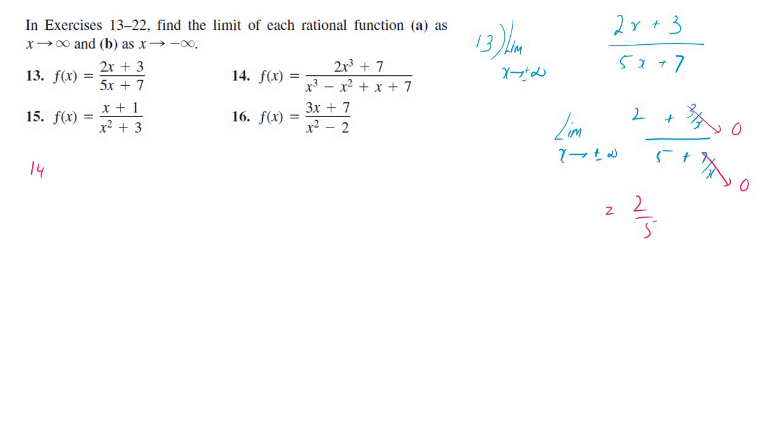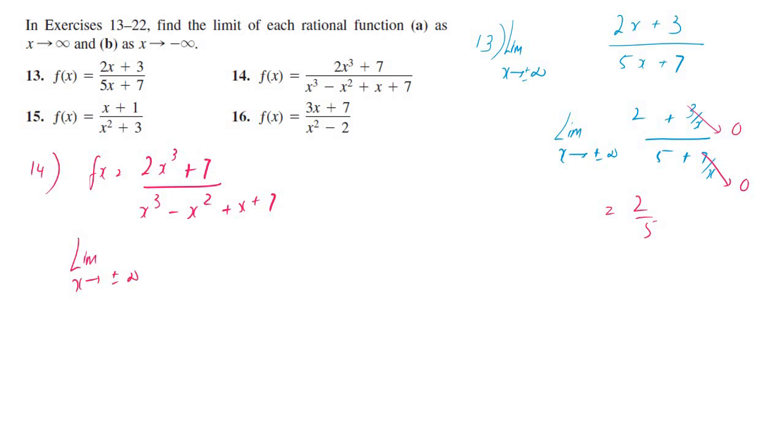So we'll do question number 14. f(x) equals 2x cubed plus 7 over x cubed minus x squared plus x plus 7. The highest power of x is in the denominator, x to the power 3. So we take the limit as x tends to plus or minus infinity.